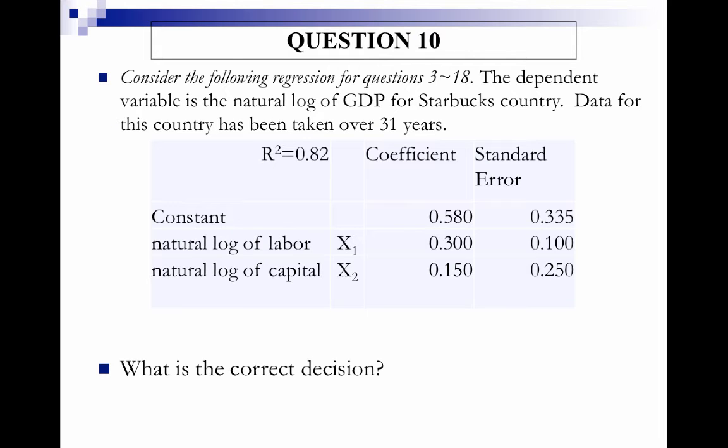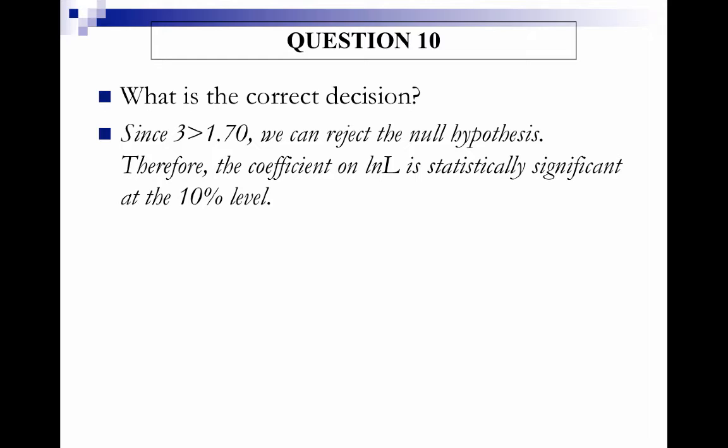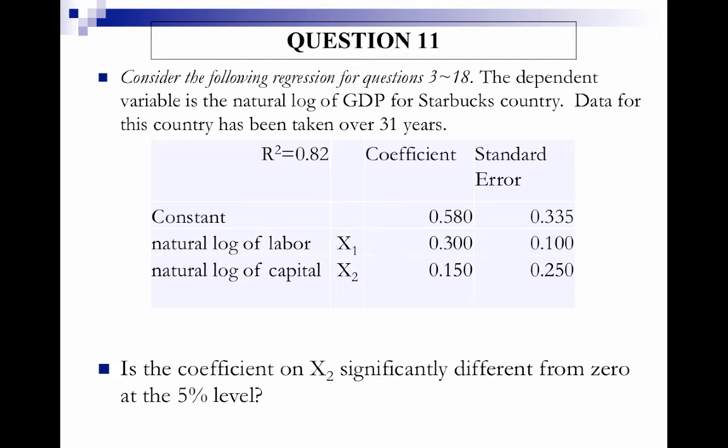So what is the correct decision? We know that our critical t-value is 1.7, our actual t-value is 3. Therefore, since 3 is greater than 1.7, we can reject the null hypothesis and conclude that the coefficient on the natural log of labor is statistically significant at the 10% level.